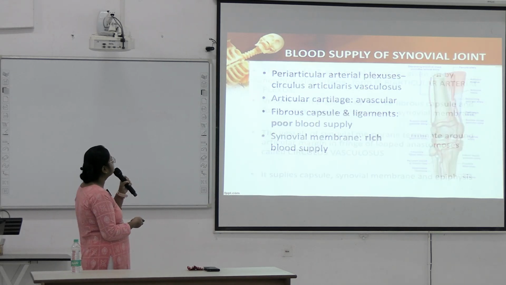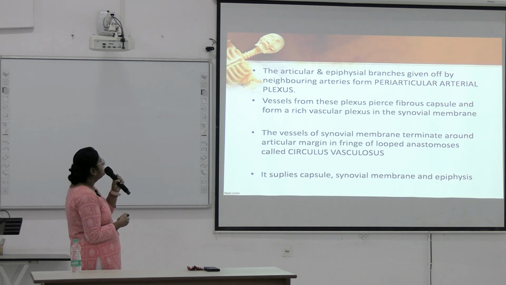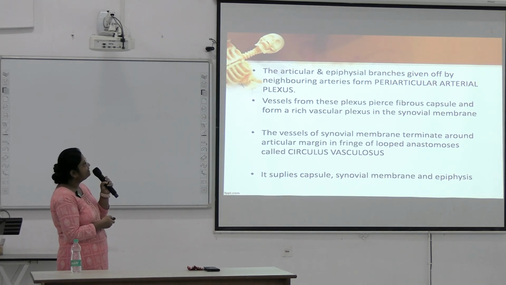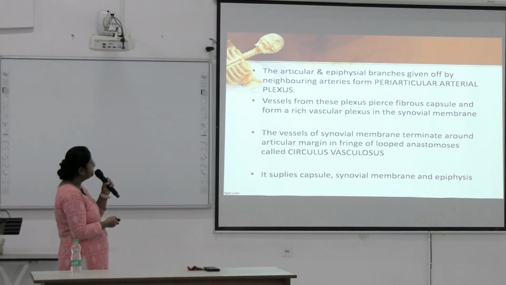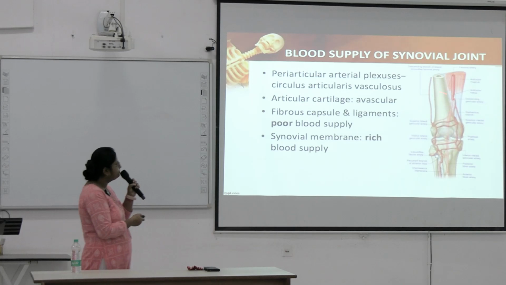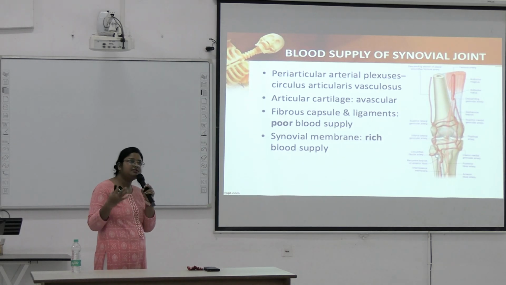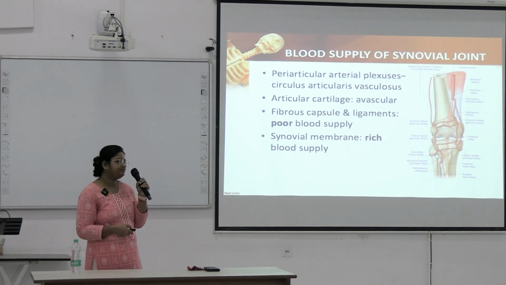The articular and epiphyseal branches give off neighboring arteries and form the periarticular arterial plexuses. Vessels from these plexuses, see here, these are the arteries supplying and they are giving branch to the joint also. And the branches to the joint are anastomosing with each other and forming a periarticular plexus.